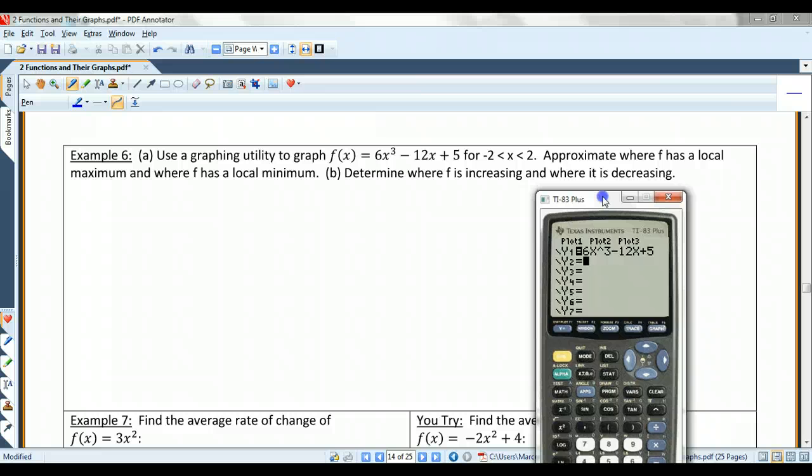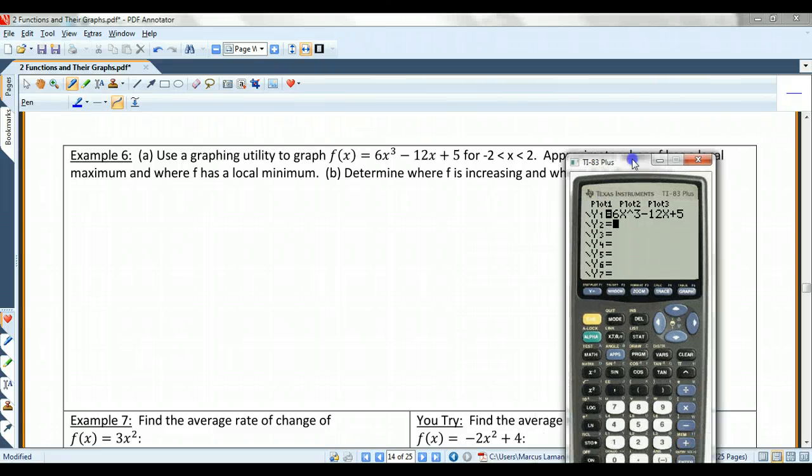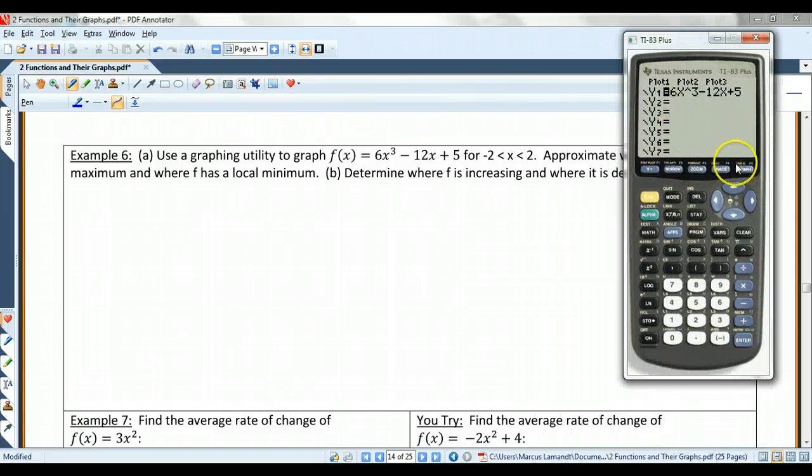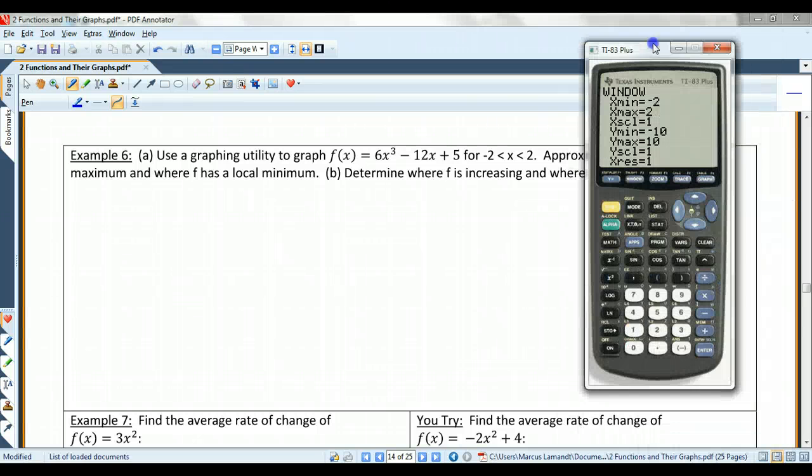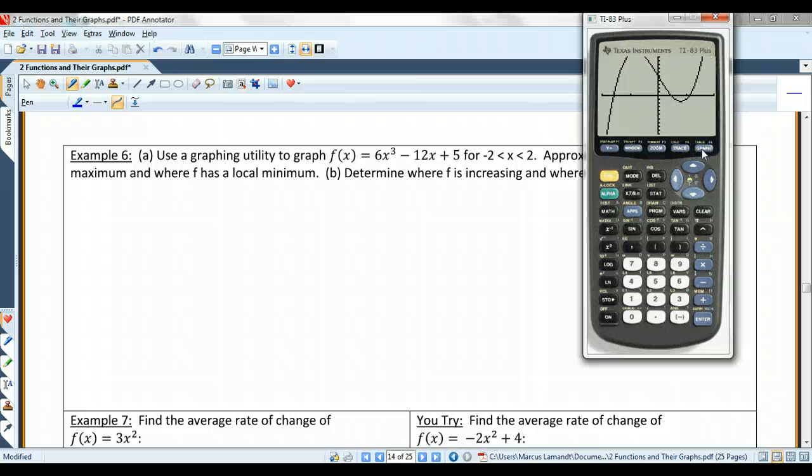Alright, and they want it from x equals -2 to 2. Looks like that. Let's change our window from -2 to 2. Let's see what it looks like now.